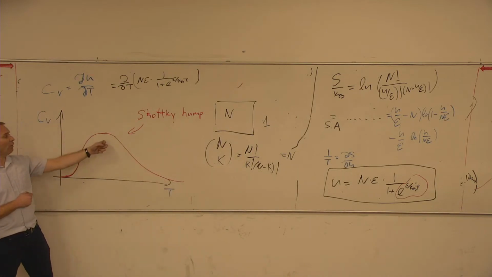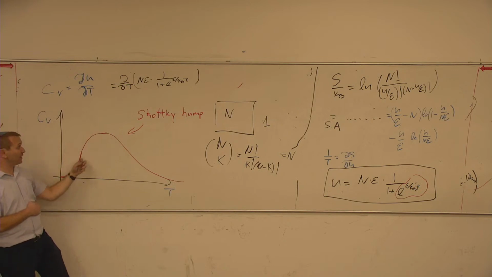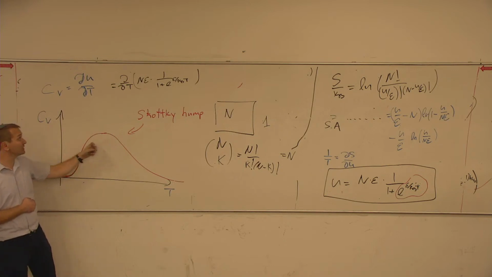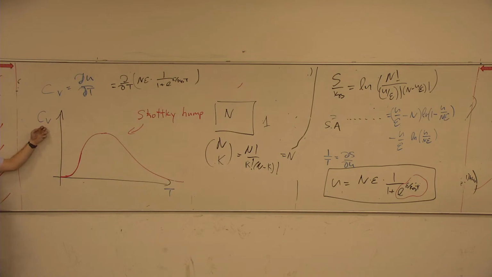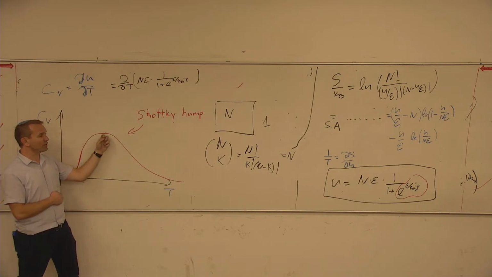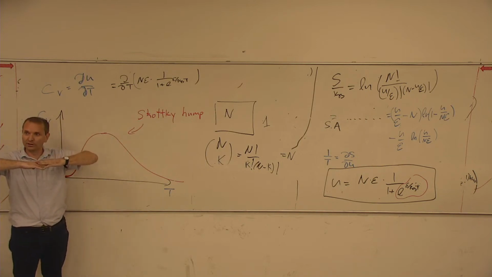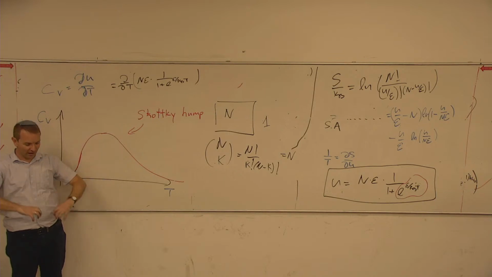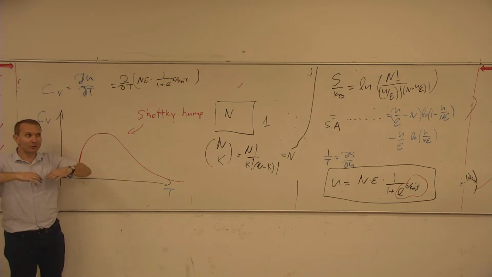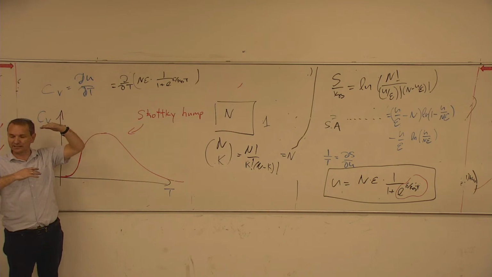So this is how I can interpret specific peaks or specific maxima when I measure the specific heat. What it means is that I reach a specific energetic level and I cannot go over it. Whatever happens is my particles are excited to the next level, but they are not going to the level after the excited state.